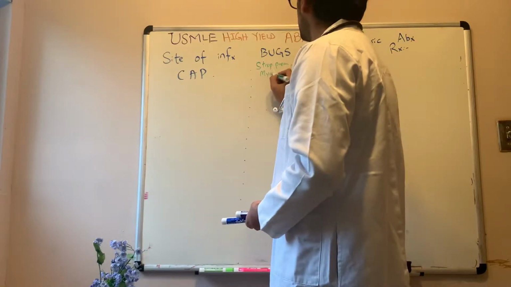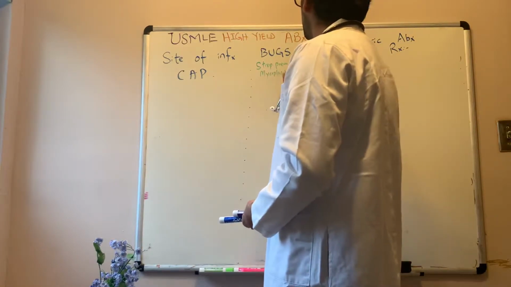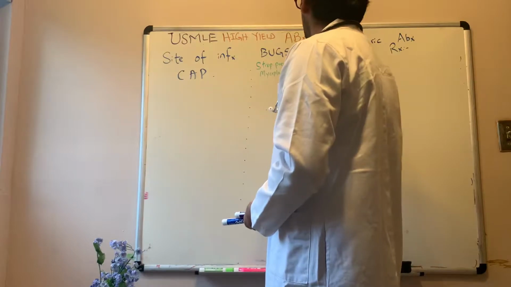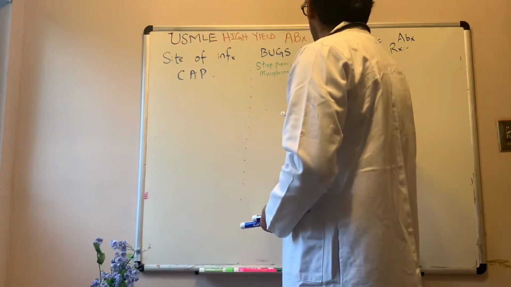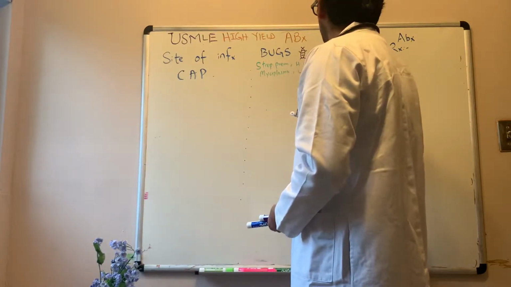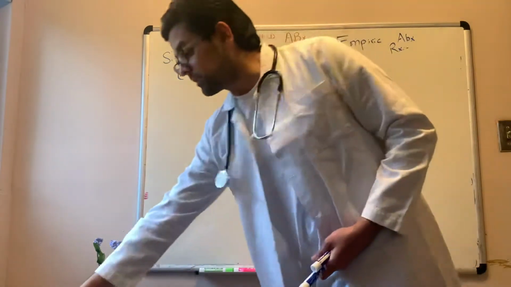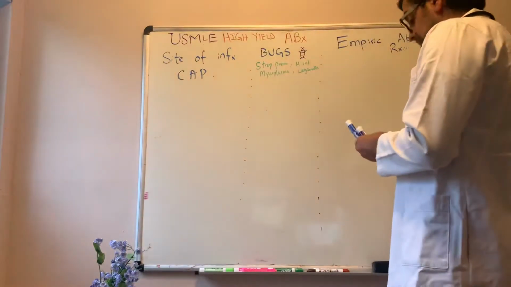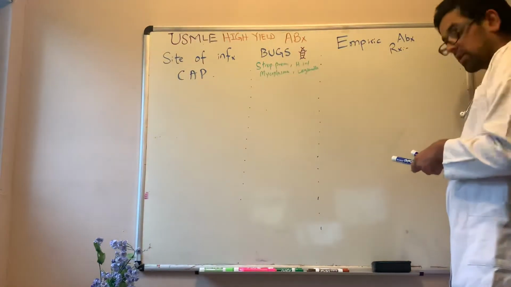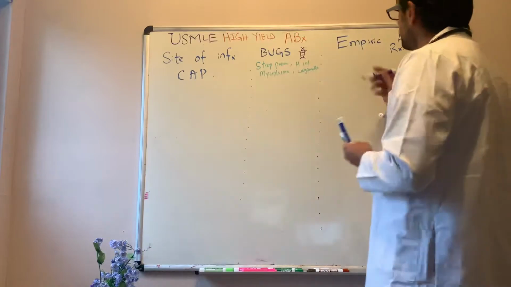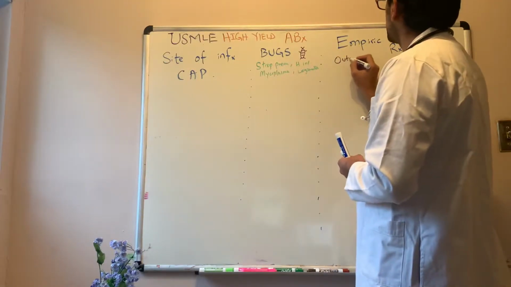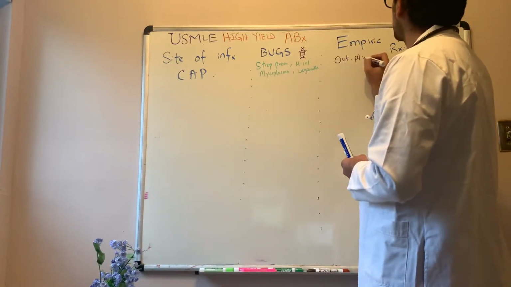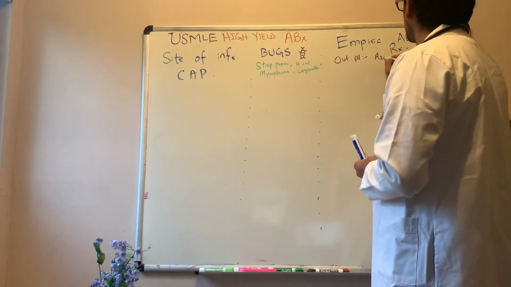Mycoplasma is an atypical pneumonia, and we have Legionella. Okay, so covering its antibiotic, we're going to talk about outpatient. What do we cover with? So the outpatient we always cover with what? Azithromycin.